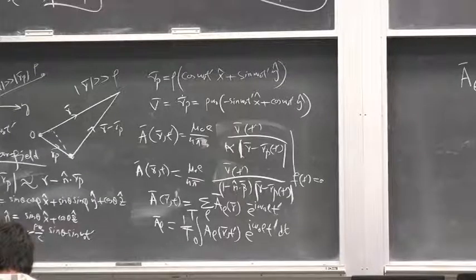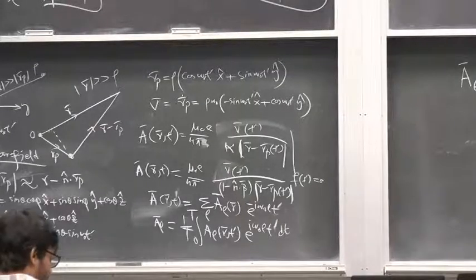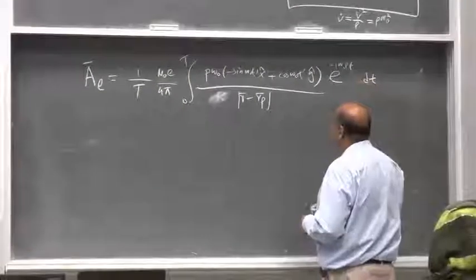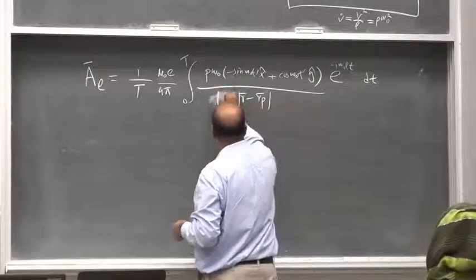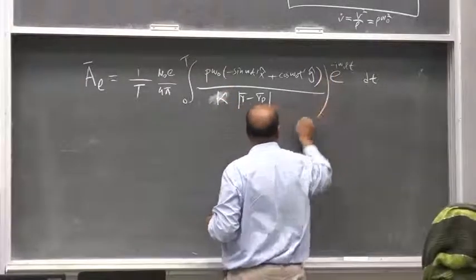Let me just first write it. So this is t, this is dt, and this is kappa.